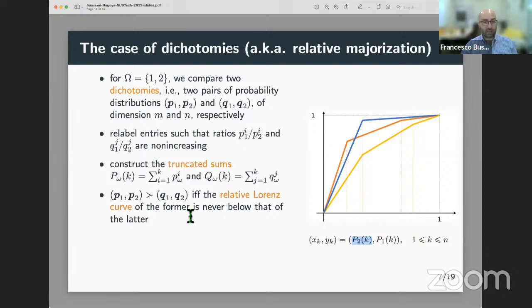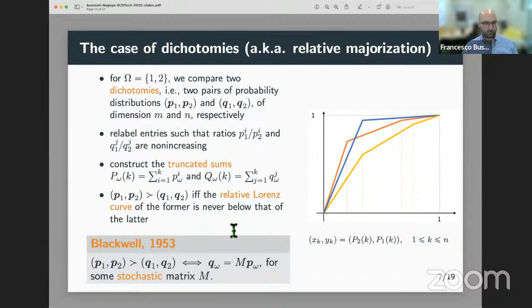Sometimes it's called relative majorization because you say that P1, P2 majorize the dichotomy Q1, Q2 if this Lorenz curve, this is the name of this line, of the former is never below the latter. So this is the majorization, and Blackwell essentially tells you that there exists a stochastic matrix that simultaneously transforms both P's into the corresponding Q's.